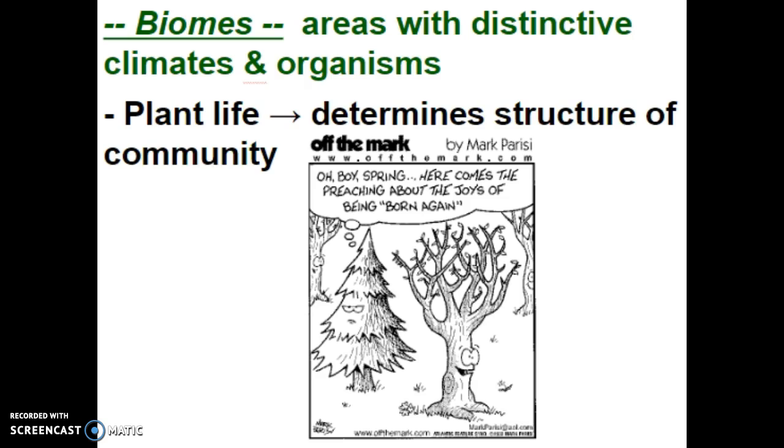And because those particular plants live in those areas of the world, the animal community will also be dependent on those plants, either for food or, in the case of carnivore or omnivore predators, they will rely on those plants to attract their herbivore prey. So plant life is really the base structure of biomes.